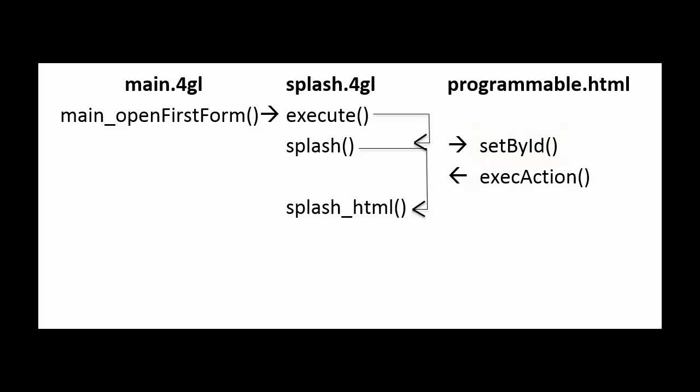When the user taps the splash screen, the execAction function raises the splash action. The input statement in the Splash function contains an onAction block for the splash action that calls a function to open the job header list form, the first application form you see when you launch the Pool Doctors app.